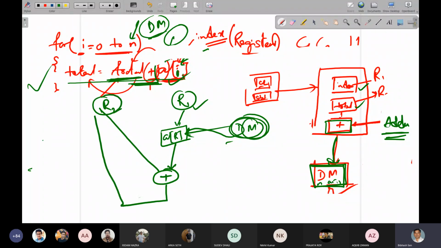To sequence this operation, initially I have to enable the registers with control signal C1. Through C1, maybe bit combination 00, these two parts are enabled, and from the data memory the value will be available to this temporary storage. Through the register I am directly accessing the data memory.